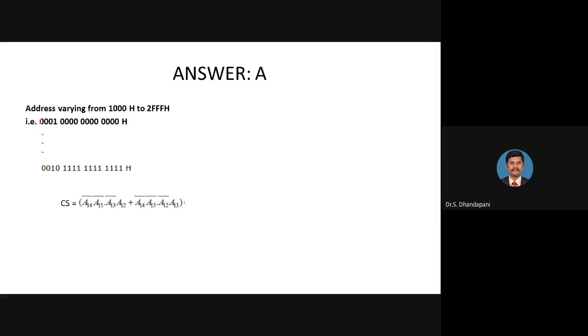So by using A15, A14, A13, A12, we have to write the expression. The value can be 0001 or 0010. So only for these addresses should the chip select signal be selected. Accordingly, we have to write the expression using Boolean expression. So A is the correct answer. This question was already discussed on Monday. Let us go to the next.